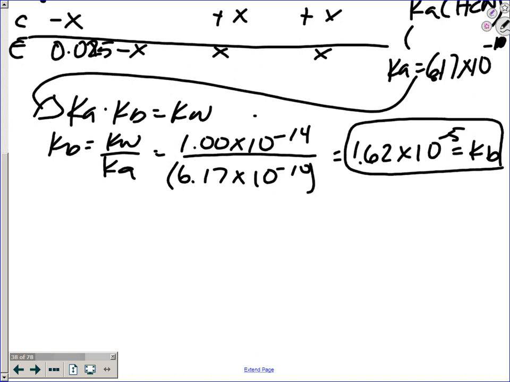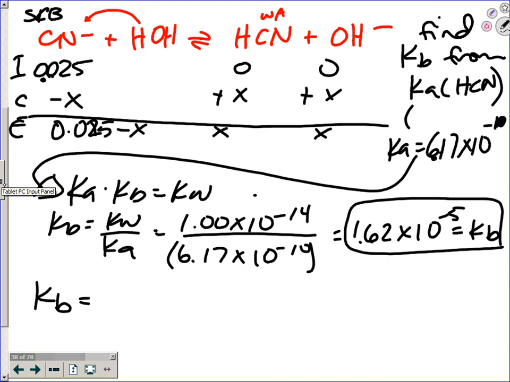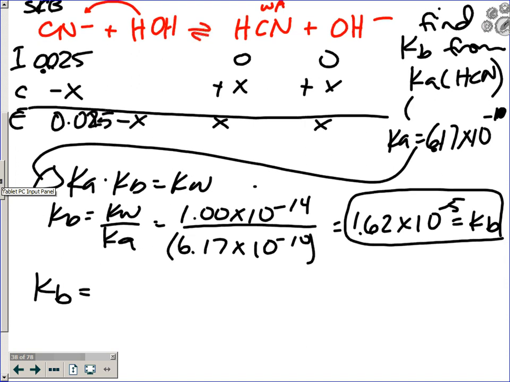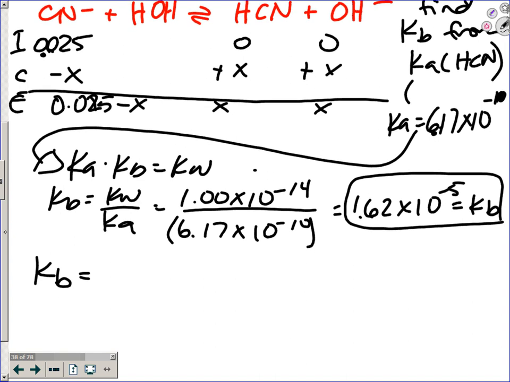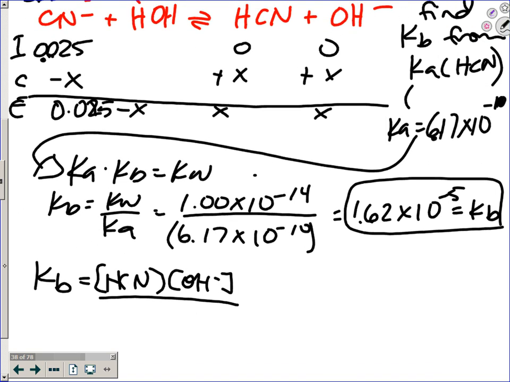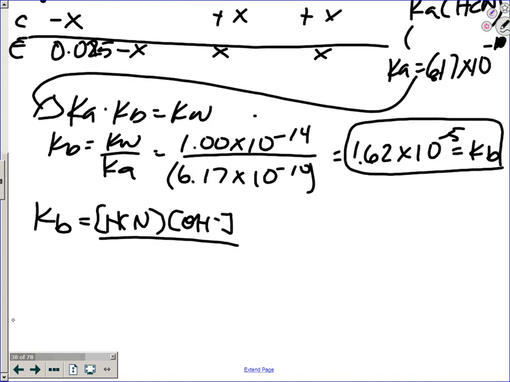And so now that we have Kb, we're able to plug in and run with it using our Kb expression. So what is our Kb expression? Give me the expression just for now, and then we'll plug in those values, the actual expression with the ions. Okay, so molarity of HCN times OH minus over cyanide. All right.